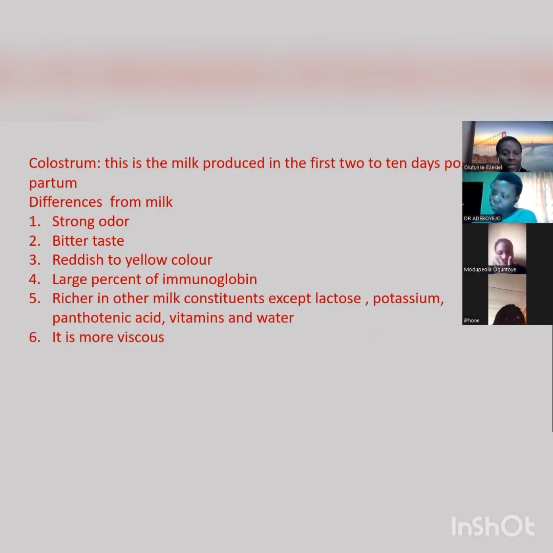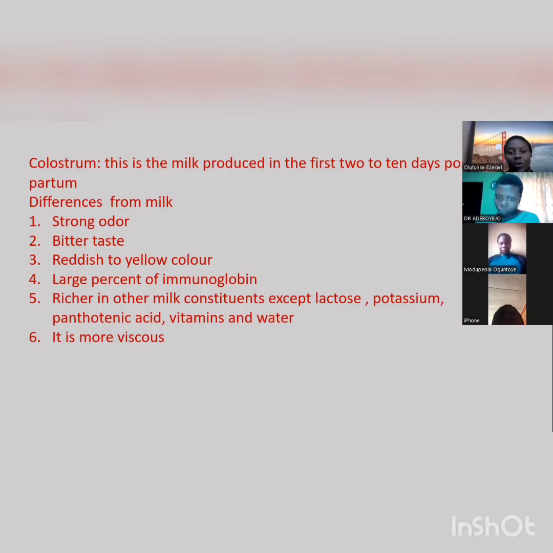Remember that's part of the constituents of milk. Then it has a large percent of immunoglobulin, which is very important as an antibody and also to fight against diseases and reactions. However, it is richer in other milk constituents, except lactose, potassium, pantothenic acid, vitamins, and water. It is usually more viscous than the milk that is usually used for commercial purposes.